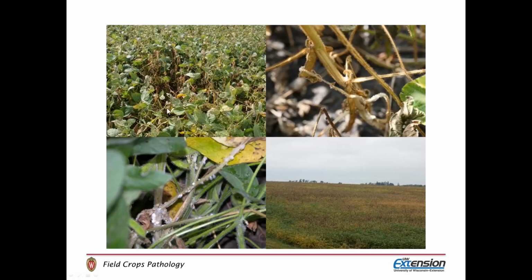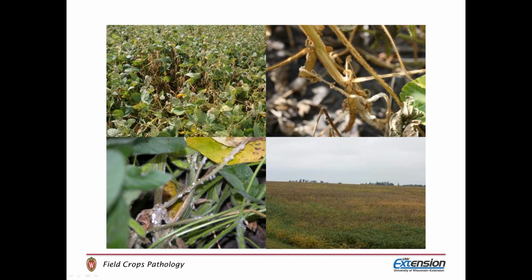Here's some of the damage that we often will see. In very severe cases, you can have total plant death, where the stems are basically bleached or brown in color. The leaves might remain attached. You can see in this field in the lower right-hand corner here, pretty severe case of Sclerotinia.